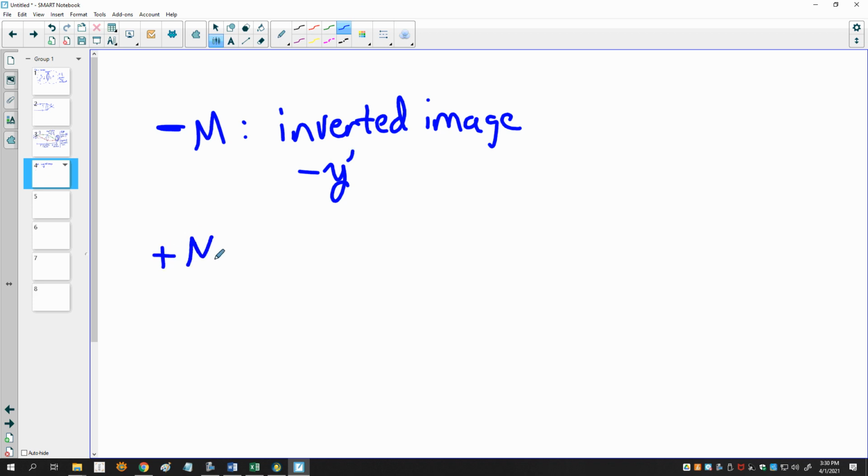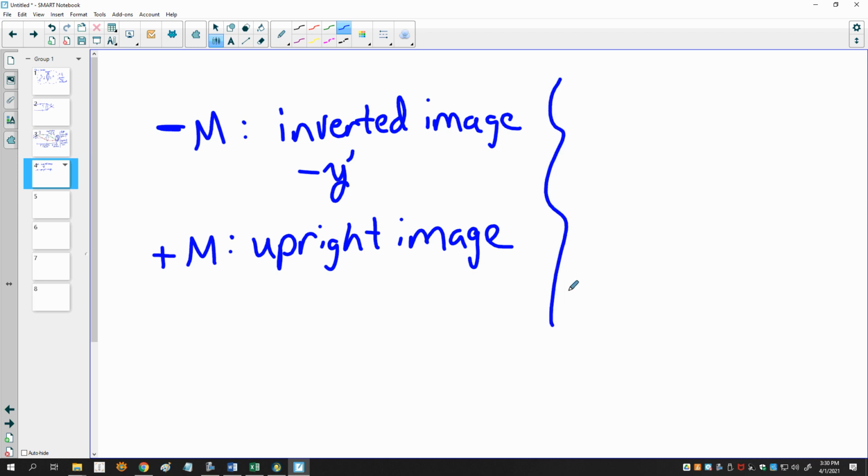If it's positive, that means that you have an upright image, because both y and y prime are positive, so your magnification is positive. We'll talk more about those types of images in the course. And if m is bigger than 1, that means the image is bigger than the object.